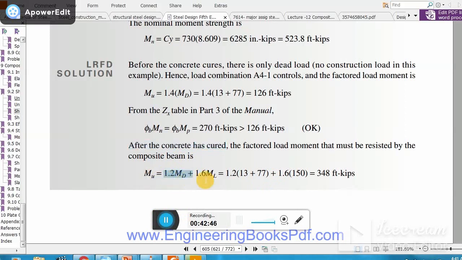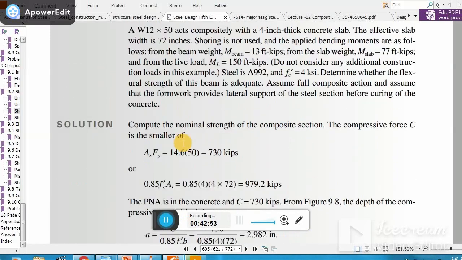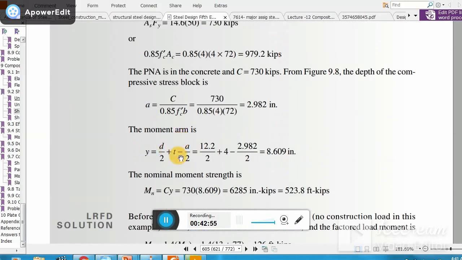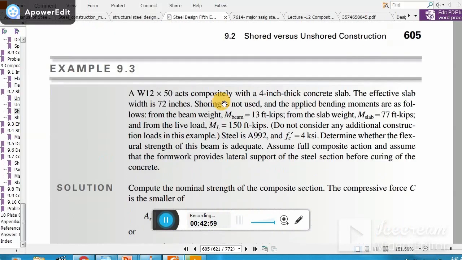That is the reason why we are using this Mu. Okay, 1.2 and 1.6. Look, this is the clear difference. It shows that here we are basically taking 1.4 times. So this is basically stage 1.